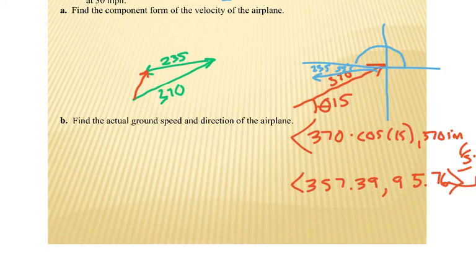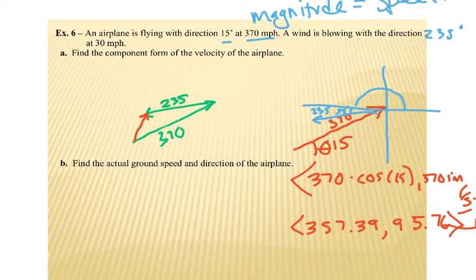Alright, and then the blue one, same idea. We're going to do the magnitude, which is 235, and that's going to be times cosine of 30. That's not 30. Oh, I did that backwards. 30 is the magnitude, and 235 is the degree.